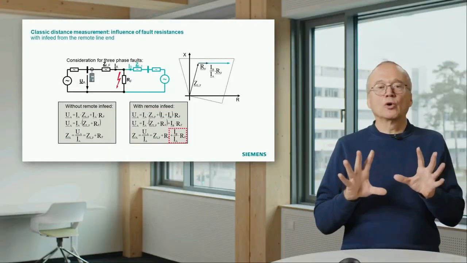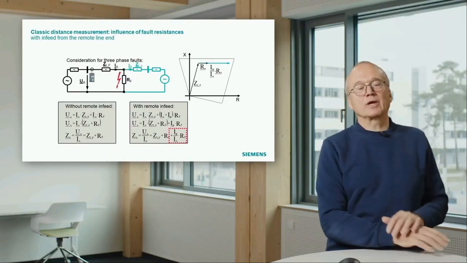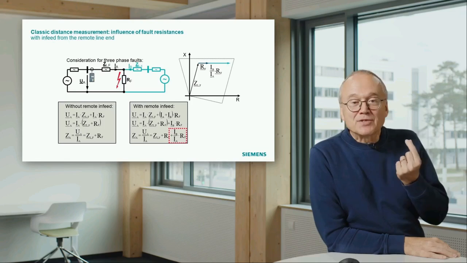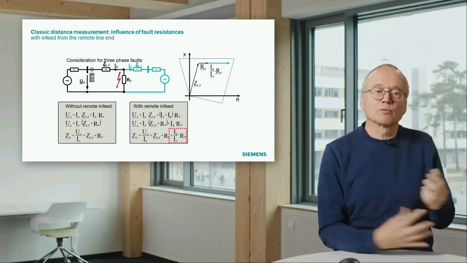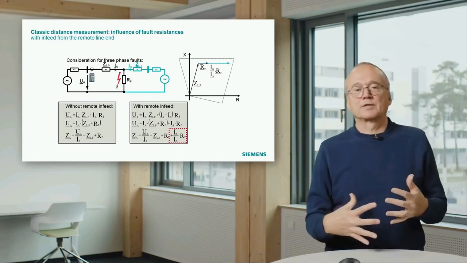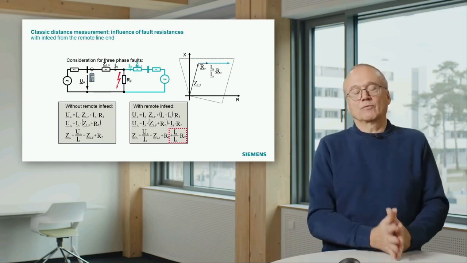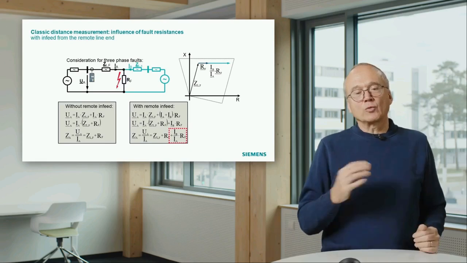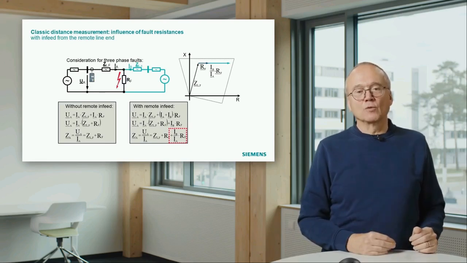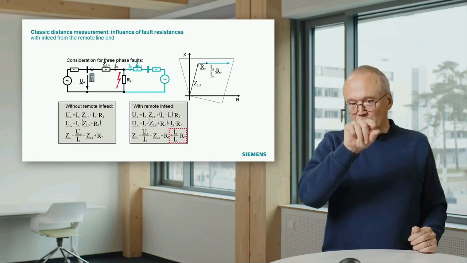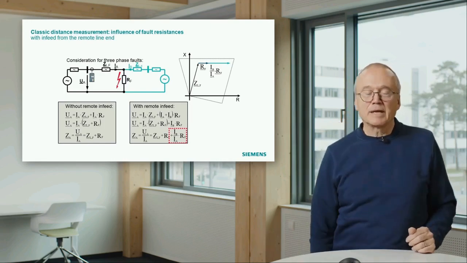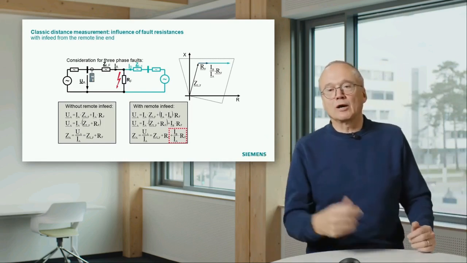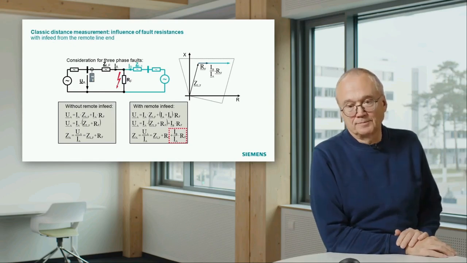And that is how a normal distance algorithm reacts. That means if we are in a meshed system where current comes from both sides, and we have for instance a setting of 20 ohms, and we have a fault resistance of 10 ohms, we can even, based on this effect, move out of the characteristic.